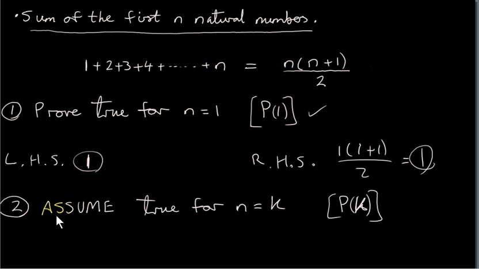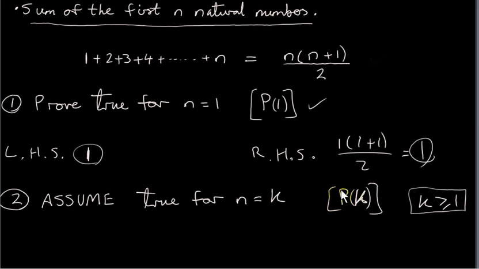The second step in the method of proof by induction is to ASSUME, and I've written assume in capital letters, that the statement is true for n equals k. So k is some natural number greater than or equal to 1. So it could actually equal 1. So k could be 1 or 2 or 3 or 4 or any natural number.